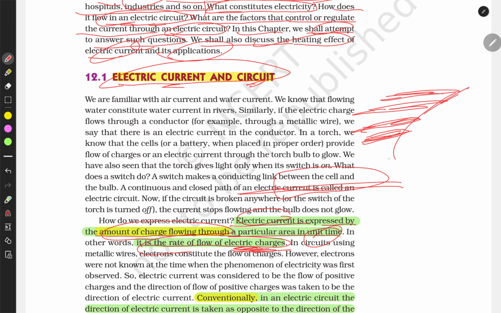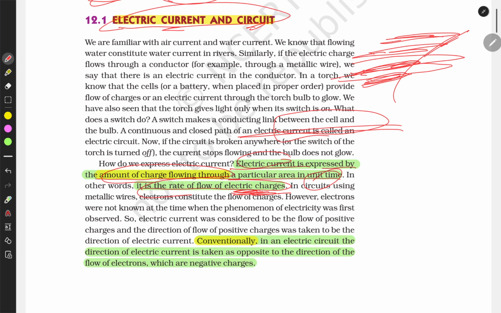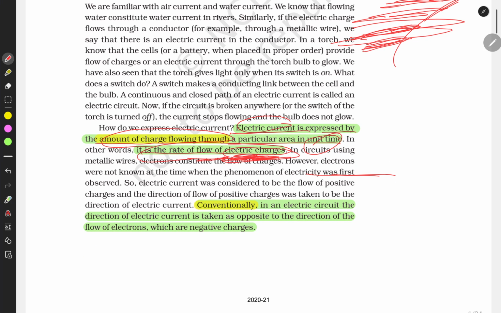The water goes there and comes up, goes there and comes up. These are the water currents. Similarly, we also have electric currents. When the charge flows in a particular conductor, then there will be electric current. Flow of charge forms electric current. If there is no flow, there will not be current.